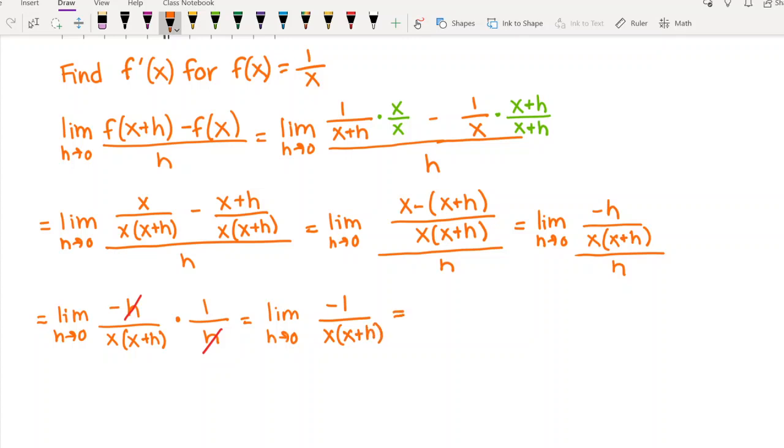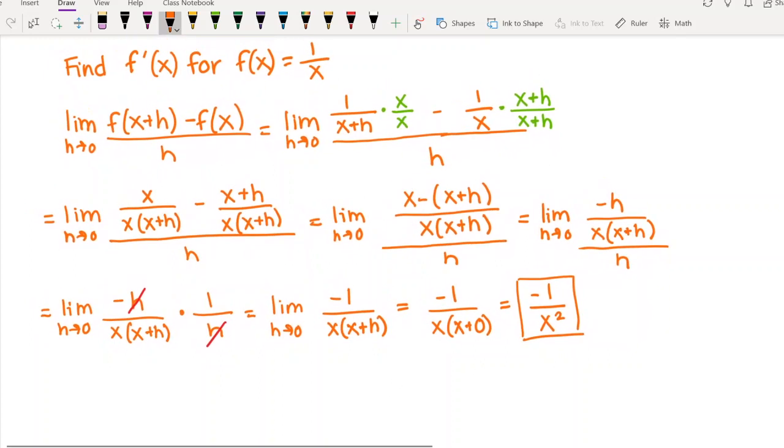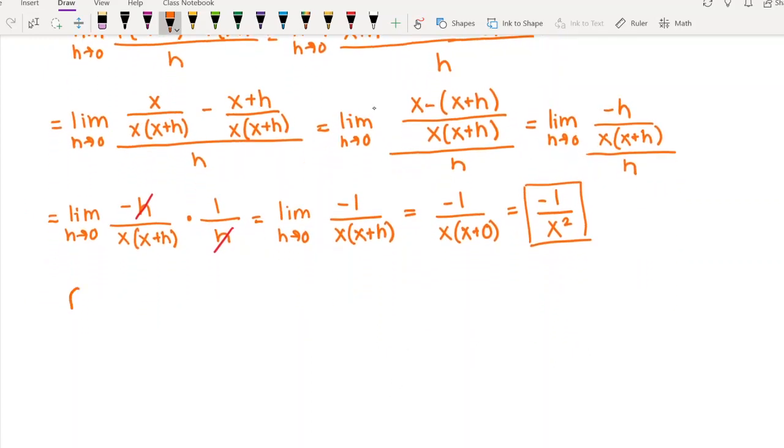And now we can plug in 0 for h, because now there is no standalone h in the denominator. So we're left with negative 1 over x times x plus 0, which is the same thing as negative 1 over x squared. So this tells us that the derivative function of f of x is equal to 1 over x is f prime of x is equal to negative 1 over x squared.